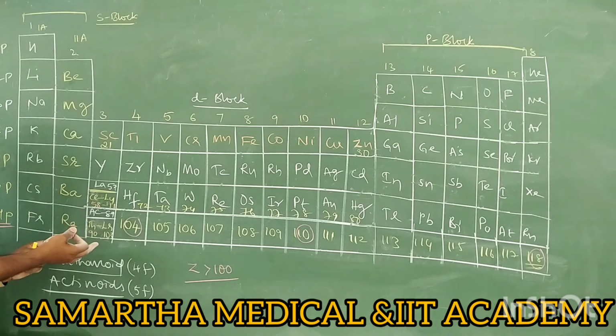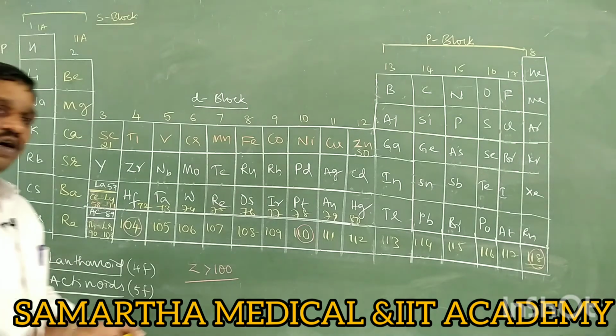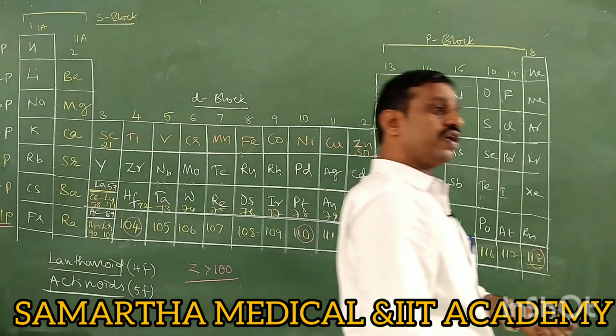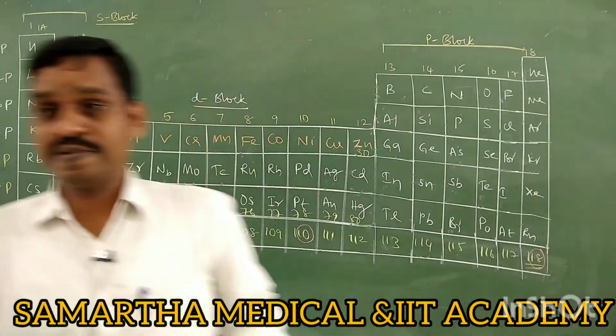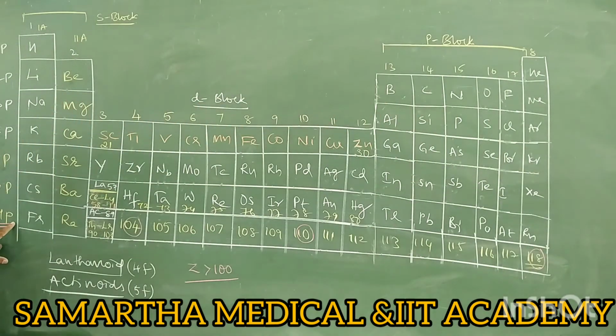The elements after uranium, as we have studied, are called transuranic elements. They have special properties, particularly radioactive. They are very dangerous, harmful. So all the radioactive elements are present in which period? 7th period. That means transuranic elements are present in the 7th period. Okay, this is important.